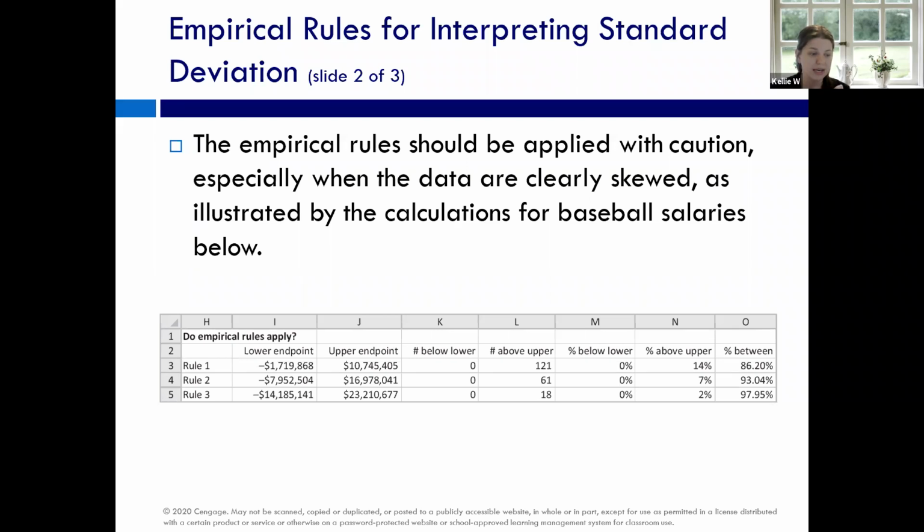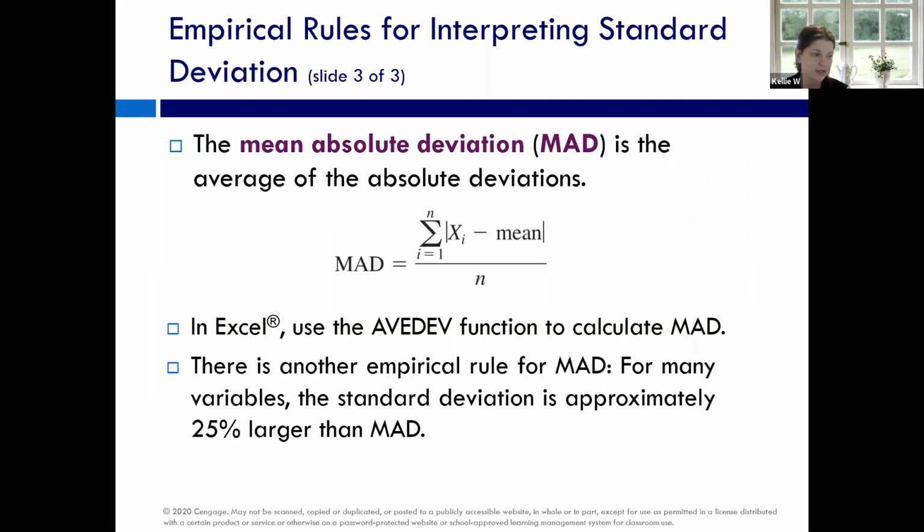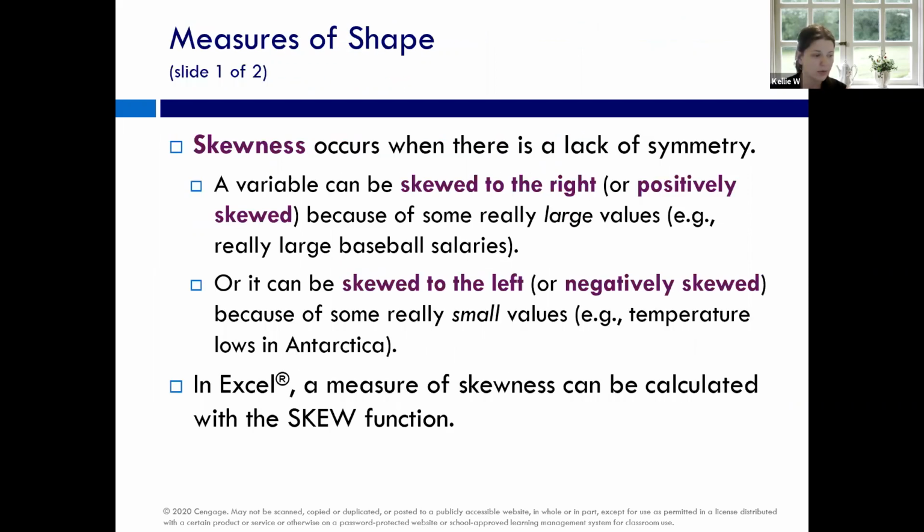So again, if your data is skewed, like the baseball salaries, those rules of thumb won't really work. And I really don't want to get into this math, so none of this is stuff that you really need to know. With skewness, a variable is skewed to the right if there are some really, really large values, like with baseball salaries, where some really huge salaries are pulling our average higher than it really should be.